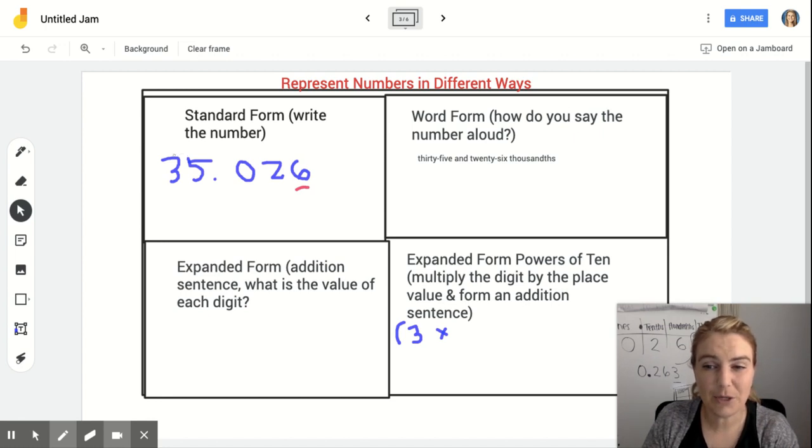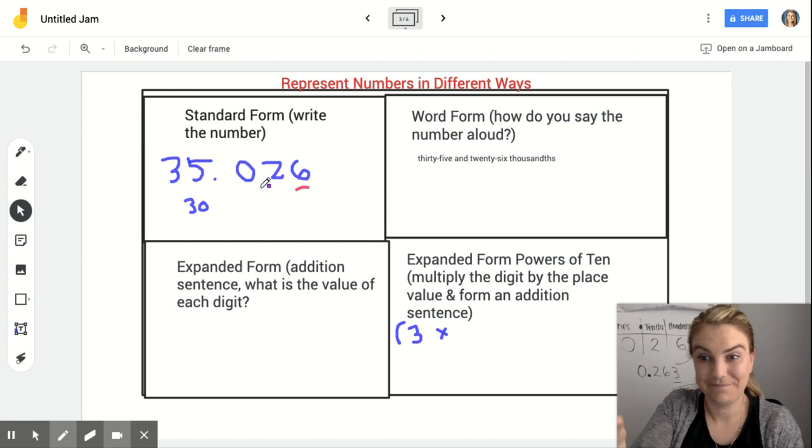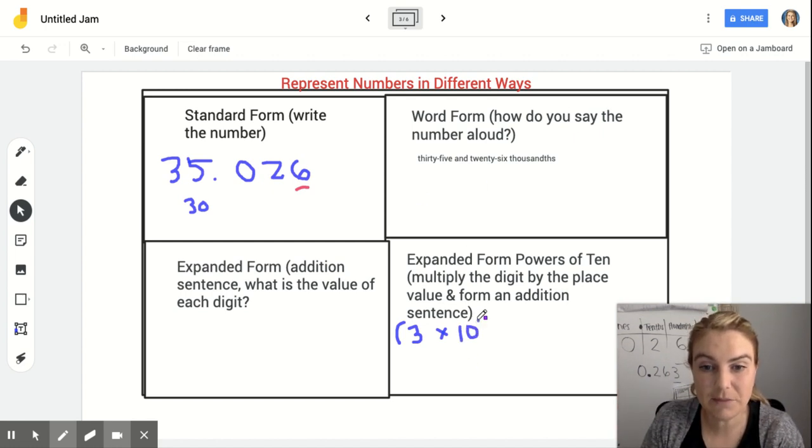So are we talking about 3 ones here? We're talking about 3 tens, or 30. 3 times what gives us 30? 10. And you'll see some patterns here. We're going to be basically working with our bases. So 3 times 10 gives us the value of 30. That's the 3. All right.